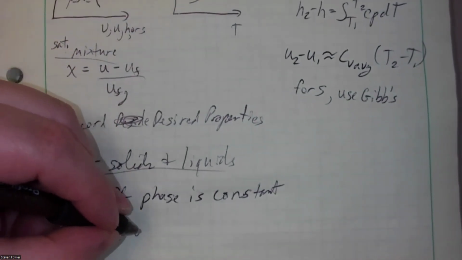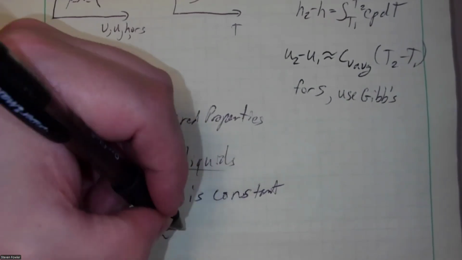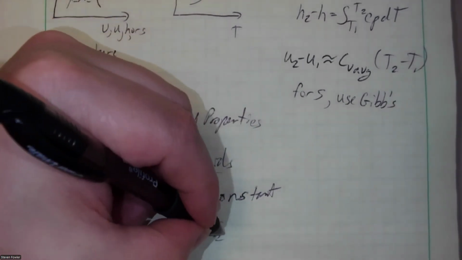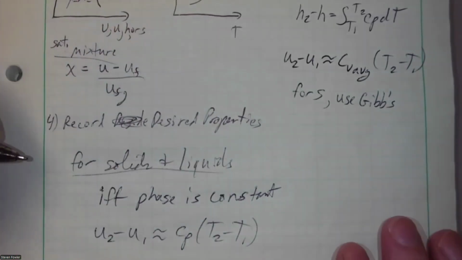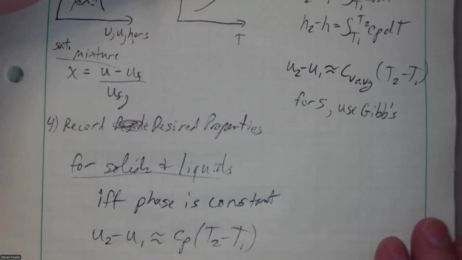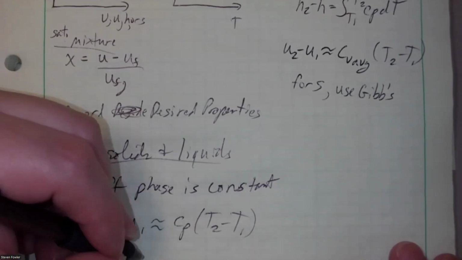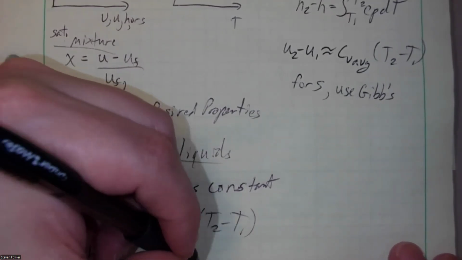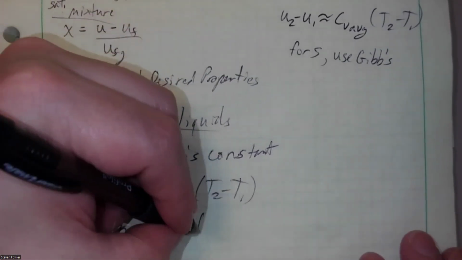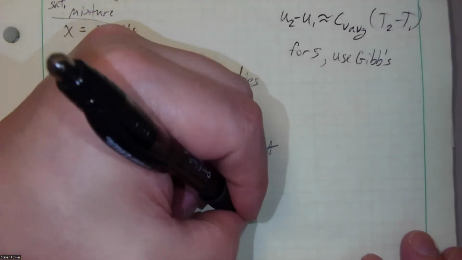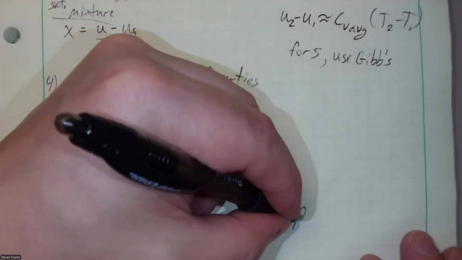We will do delta U is approximately, they use C sub P in your text, C delta T for solids and liquids. If I need to know the change in enthalpy, like if I've got flowing liquid, that's equal to C sub P delta T, which is normally all we need to worry about. But if there's a pressure change, you can also incorporate the pressure change.